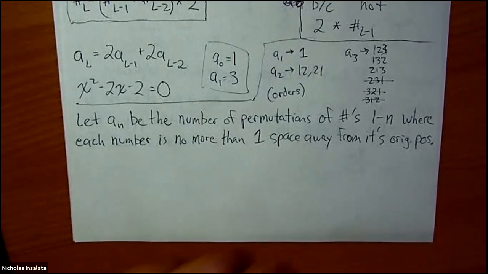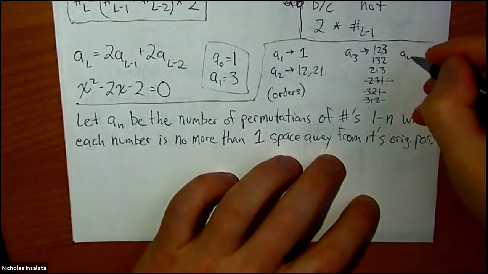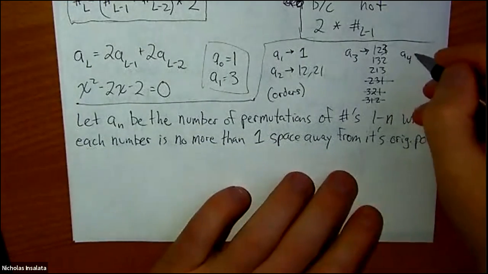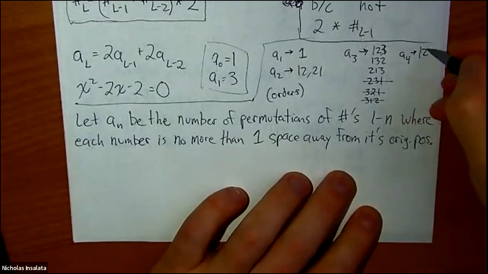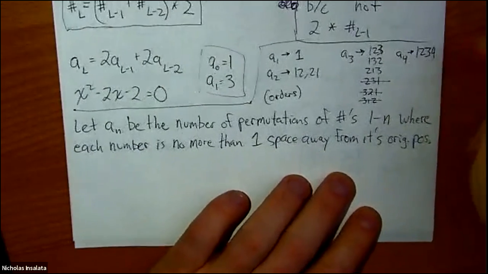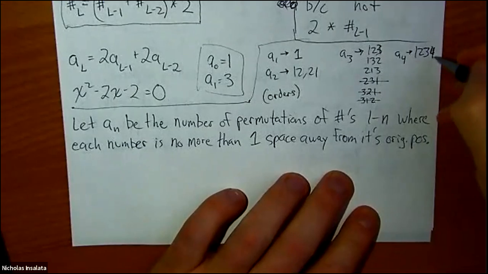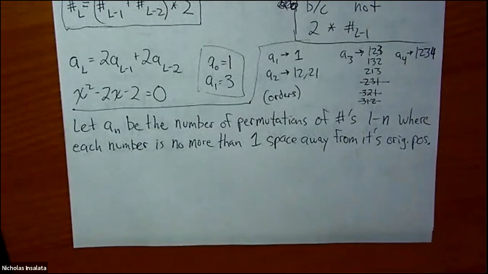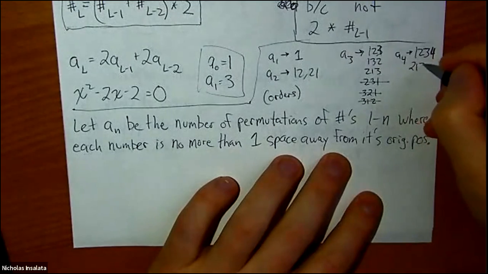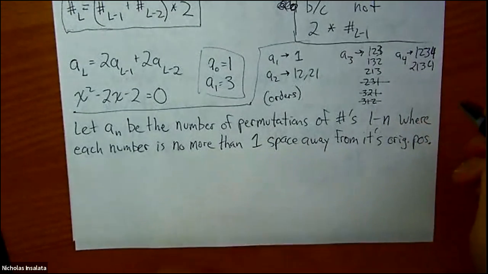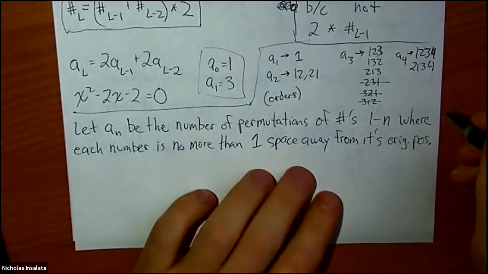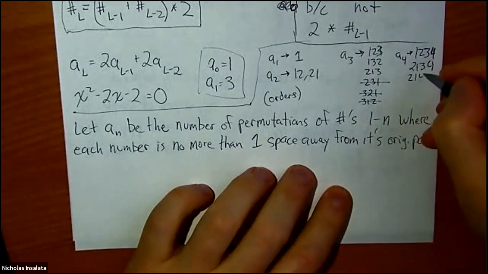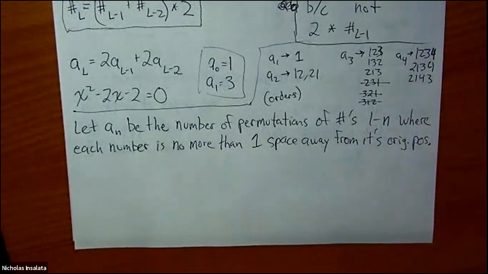Well, let's list them out. Let's try A4. You think there should be 4 possibilities? Let's see if we can list them all. Obviously 1, 2, 3, 4 is in there. What else? 2, 1, 3, 4. Okay. 2, 1, 4, 3. That's switching both pairs. What else? 1, 3, 2, 4.